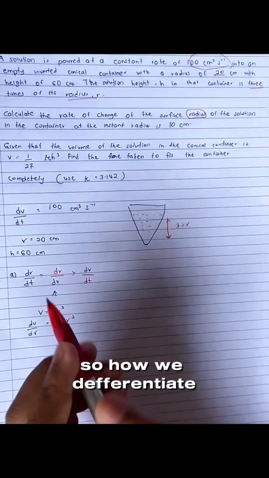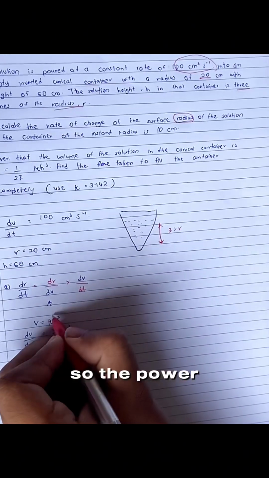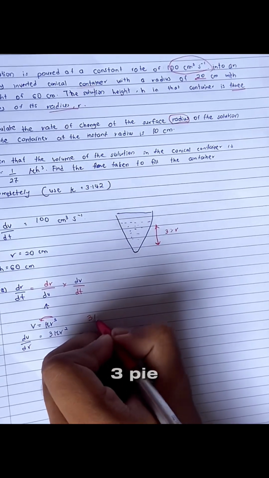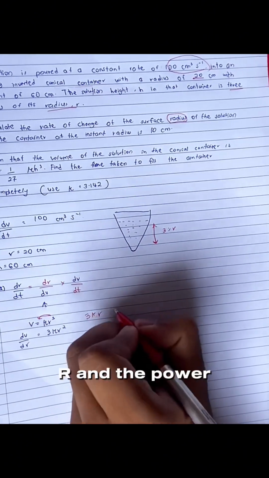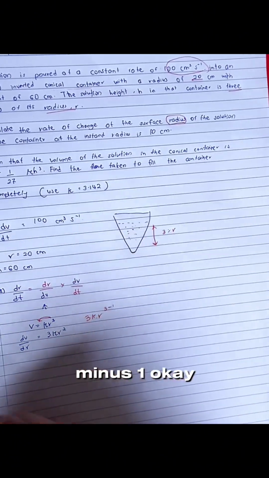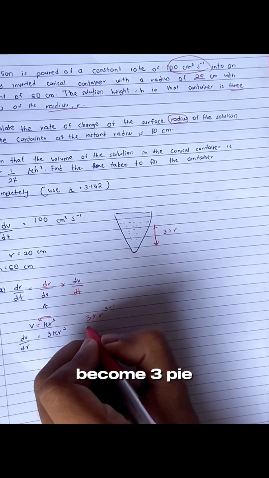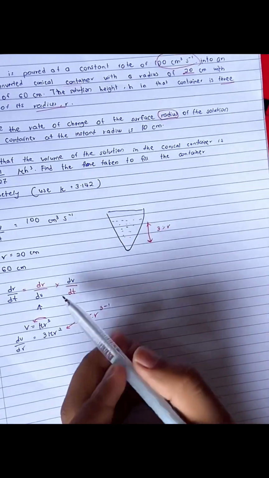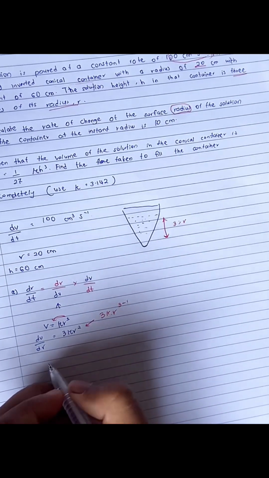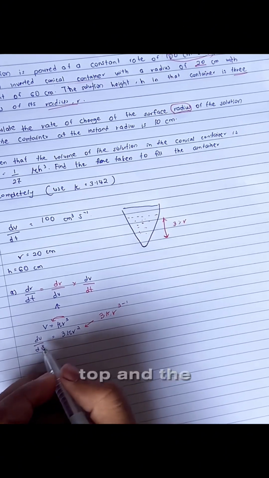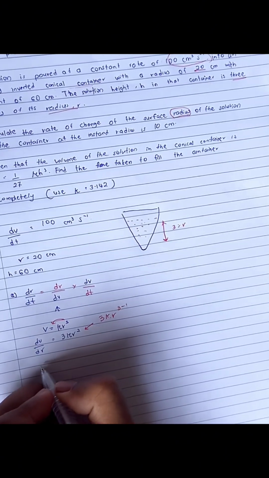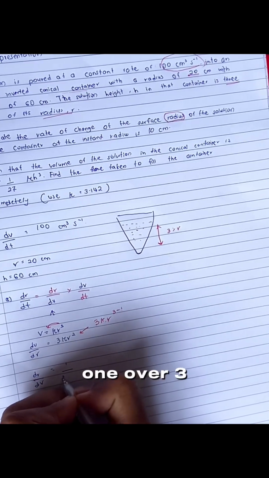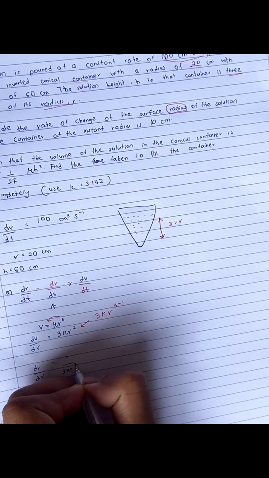How do we differentiate it? The power goes in front, so it becomes 3 pi, we copy r, and the power of 3 we minus 1, so it becomes 3 pi r square. But the question wants dr over dv, so we put dr on the top and dv on the bottom. So dr over dv becomes 1 over 3 pi r square.